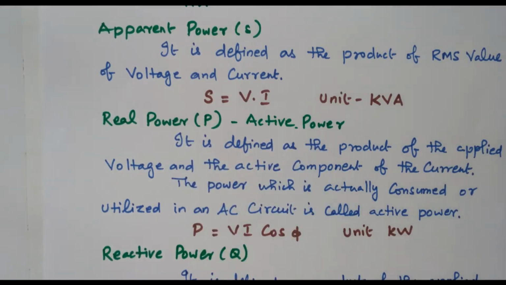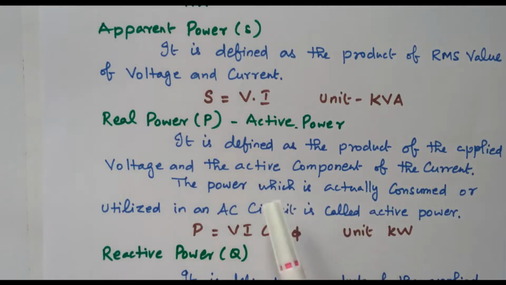Another way to put it: the power which is actually consumed or utilized in an AC circuit is called active power, or real power. Another power is available, the reactive power, which reacts in the circuit.